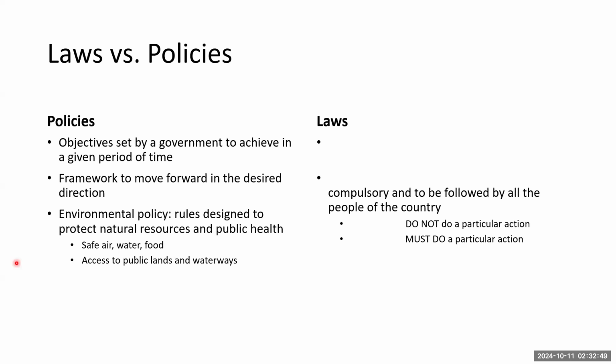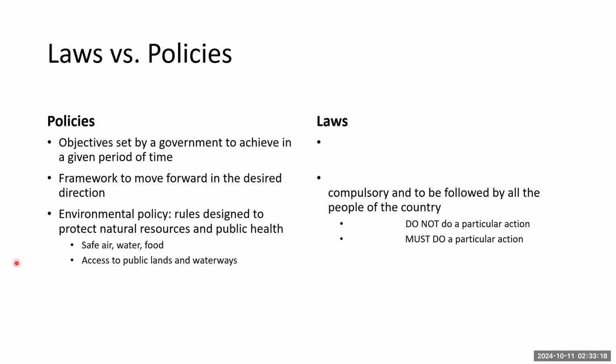When a governmental body says this is our policy, that policy is a set of objectives. And they usually say we're going to try and achieve these objectives in some certain amount of time, within the next year, within the next 10 years, etc. As part of those policies, there's usually a framework given to help guide how we're going to accomplish these objectives in X time.